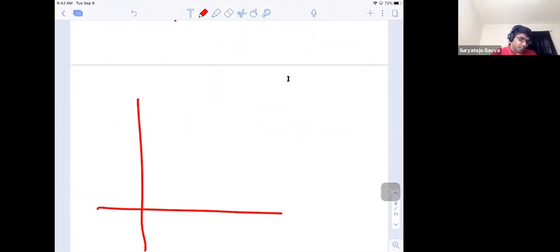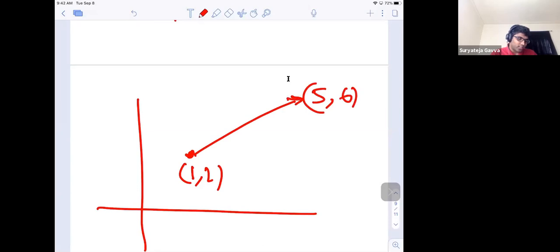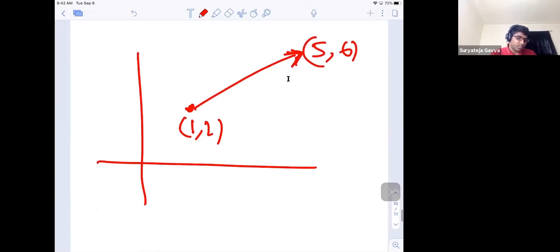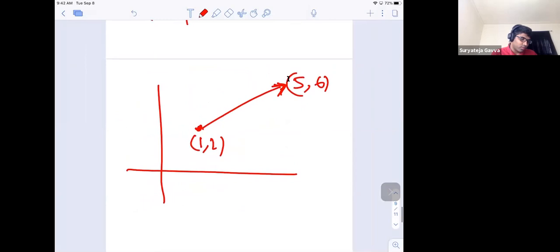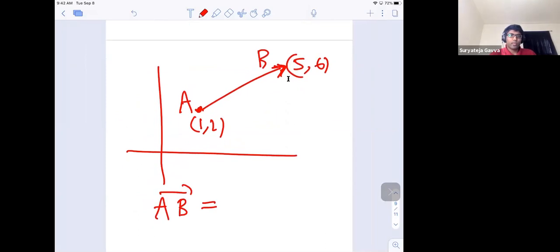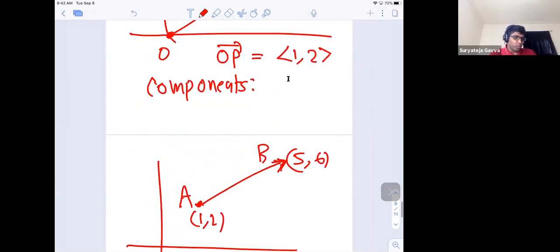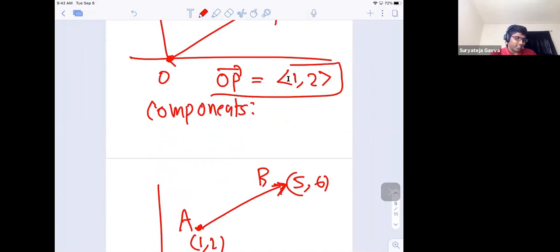So what about this vector? This is 1, 2, this is 5, 6. This is A, this is B. Can you tell me what the components of this vector are? So this is the standard notation.